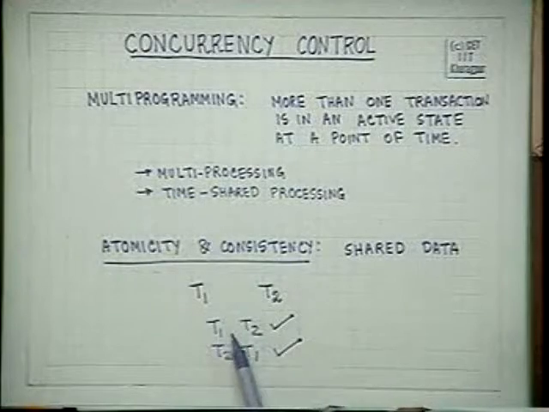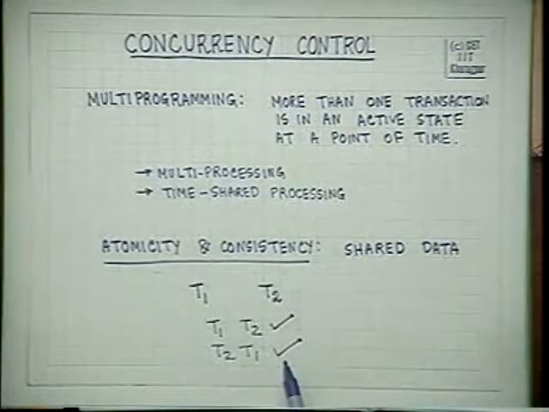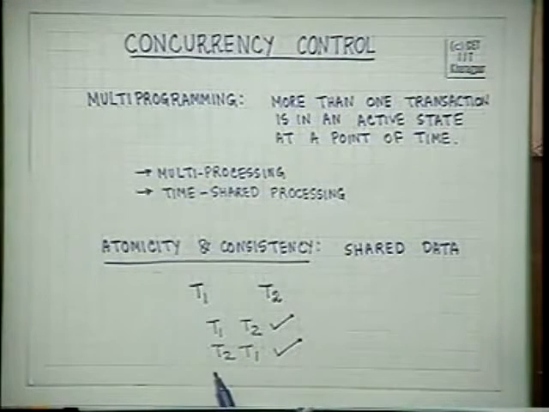A schedule is said to be concurrent if they interleave, that is, a portion of T1 is executed, then a portion of T2, then a portion of T1, then a portion of T2. This concurrent schedule may be there not only for two but for more than two transactions. And a schedule is the exact sequence in which the transactions occur.